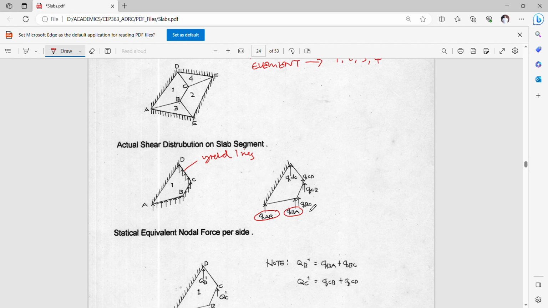Okay, so this is one way of getting the nodal shear forces in terms of the yield lines, the yield line directions AB, BC, and CD.